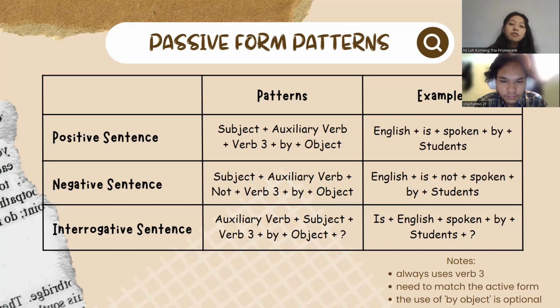If the active form is from simple present tense, so we have to change the passive form into passive form of simple present tense. And the last one is the use of by object is optional. So if you see a passive form without by object, it is not false. It is just optional.